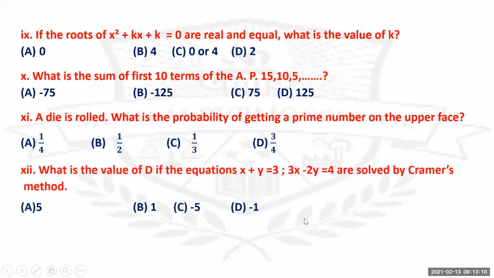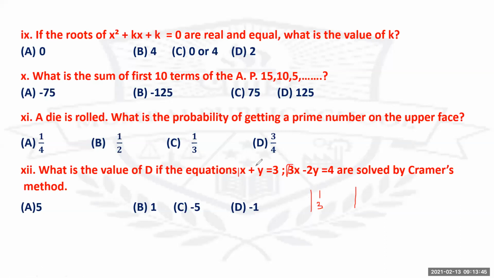Next is, what is the value of D if the equations x plus y equals 3 and 3x minus 2y equals 4 are solved by Cramer's method? To find the value of D, you'll just write the equations one below the other. See, the coefficient of x is 1, so you'll write 1 over here. The coefficient of x is 3, so 3 will come below 1.